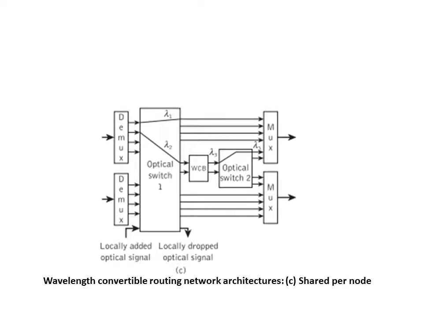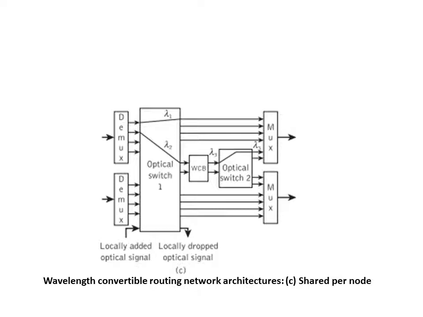And sometimes share per node is required. Share per node means it should be given to the particular node after the conversion. Then the wavelength convertible bank, again for the required link only which is connected, will be given to the particular node through one more optical switch.